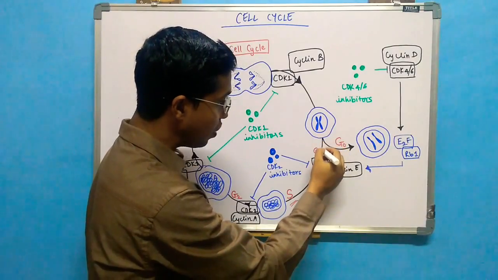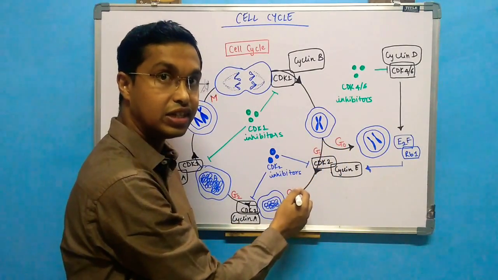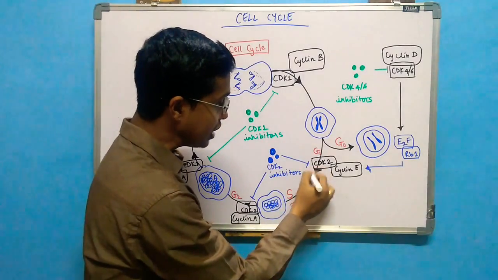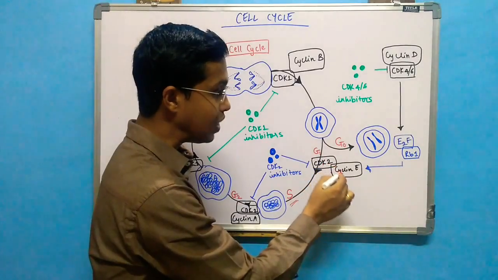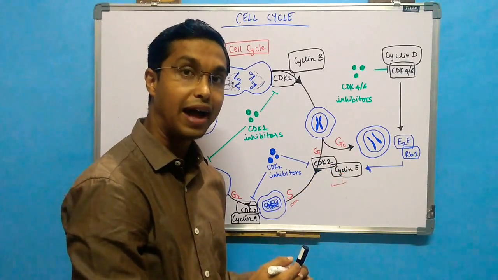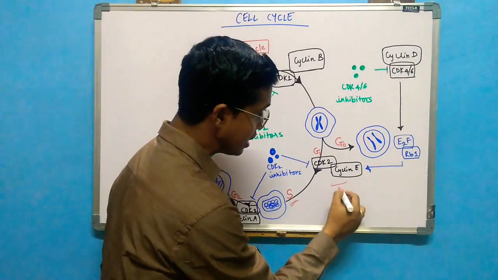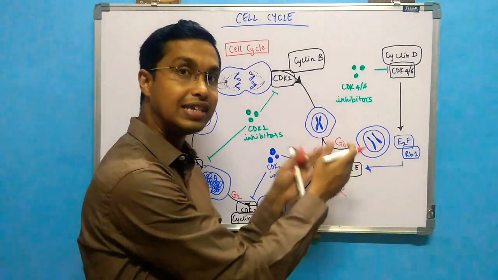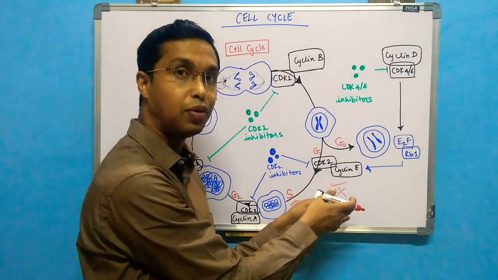If the cell going from G1 to S phase is proper, cell organelle division is proper, then only this checkpoint will be cleared. If the concentration of CDK2 and cyclin is not up to the required concentration, then this checkpoint will not be cleared. Cell cycle will halt. Cell cycle will stop at this particular position.